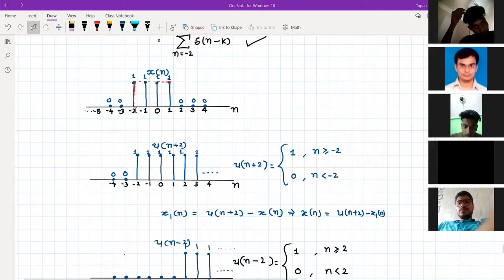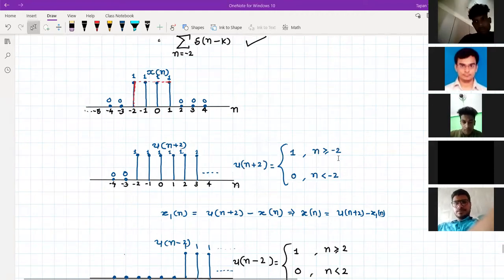Now you look at the instant at which your signal is starting. In our case, it is starting at -2. So then you can choose a unit step function which starts at -2 and goes up to infinity. That means it is 1 for all values of n greater than or equal to -2, and it is 0 for n less than -2.